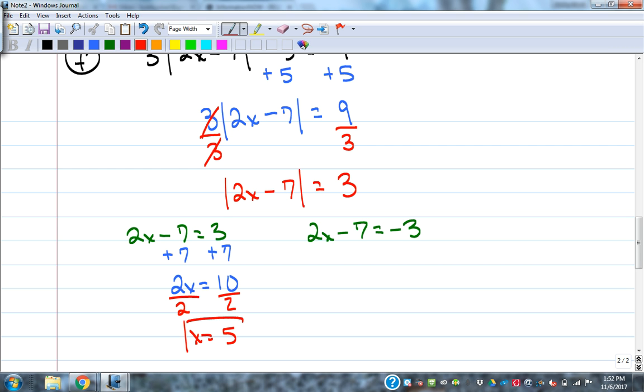I got x equals 5. Add 7 again. 2x equals 4, right? And we're going to divide by 2. X is 2. All right.